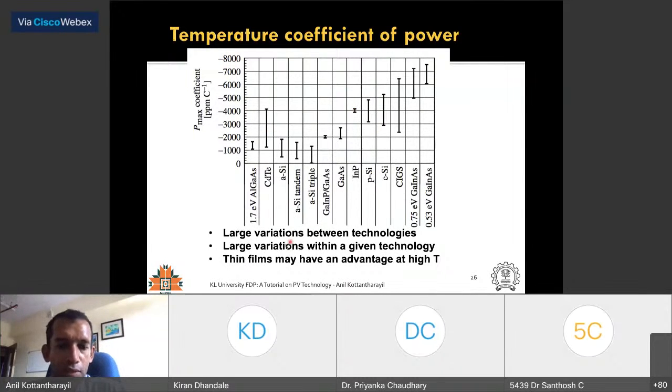Okay, so thin film may have an advantage at higher temperature because you started off with, let's say, 18% efficiency for cadmium telluride, and here 20% efficiency.